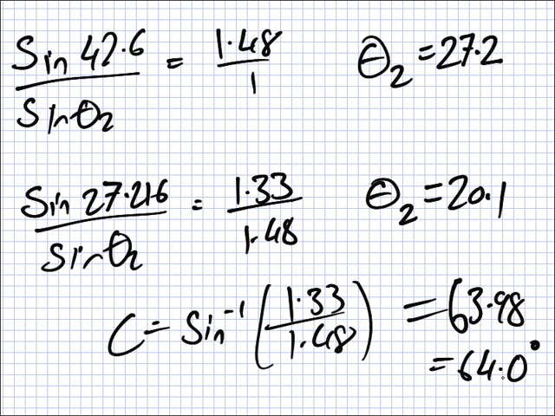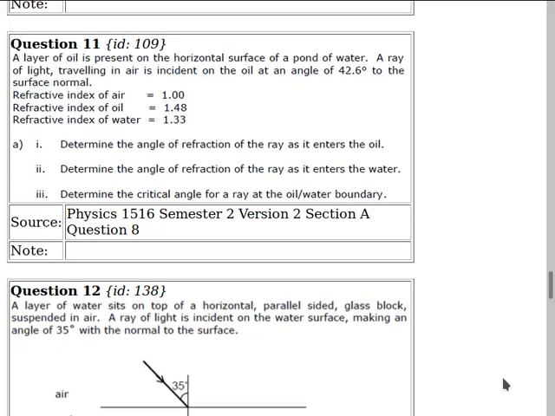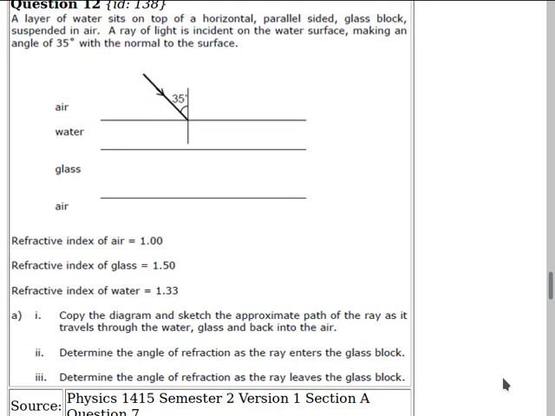Okay. You got that? Easy? Let's have a look at the next one. Okay, interesting stuff happening here. Give that a try. Air, water, glass, air. If you have a vacuum, what number is it? 1.